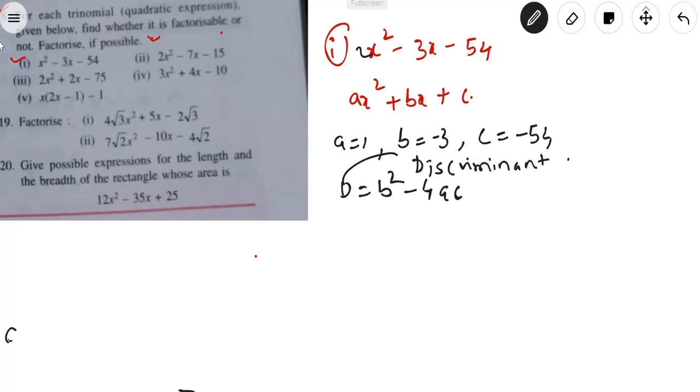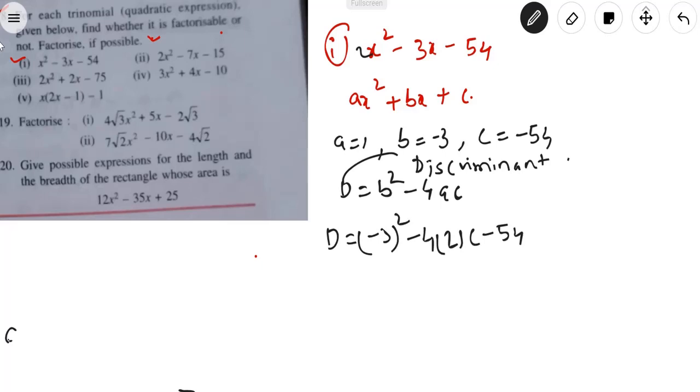Now I'm going to substitute b square and minus 4ac and find the value of d. b square is minus 3 whole square, minus 4, a is equal to 1, so 1 into minus 54.